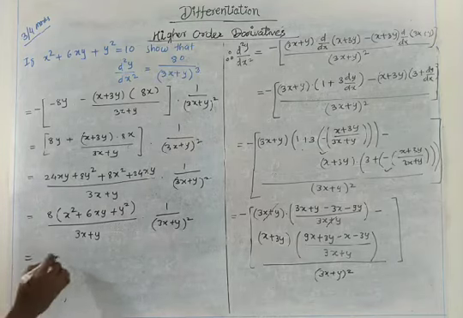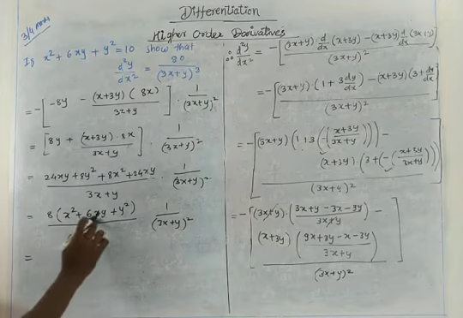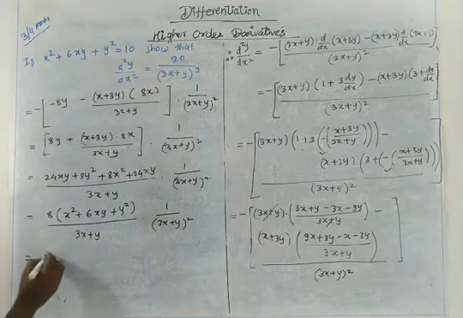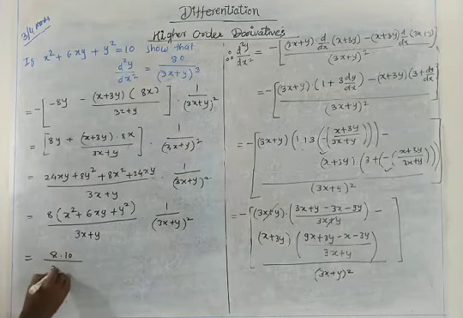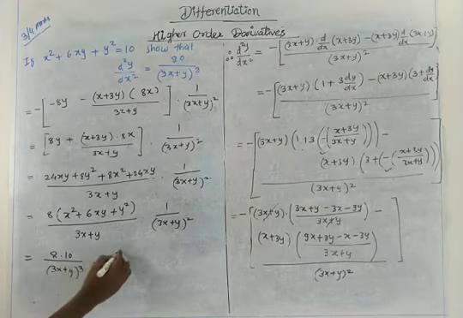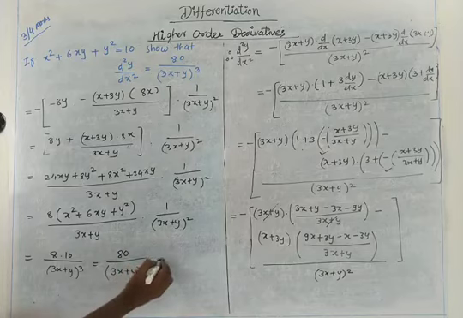But from equation 1, this is 10. x square plus 6xy plus y square is equal to 10, the given thing. So 8 into 10 upon (3x plus y) bracket cube. In this multiplication we will get 80 upon (3x plus y) bracket cube, which is our proof.